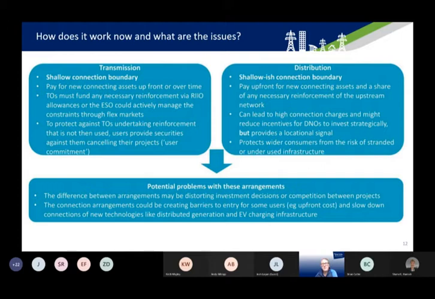And then the second reason was that they were concerned that the costs of paying for the reinforcement could act as a barrier to entry for some users and slow down the uptake of low carbon technology. So that's what they stated were their two concerns for initiating this review. And as you'll see in a minute, some of those are acting as trade-offs and has refined their thinking, because there are tensions between who pays for what.